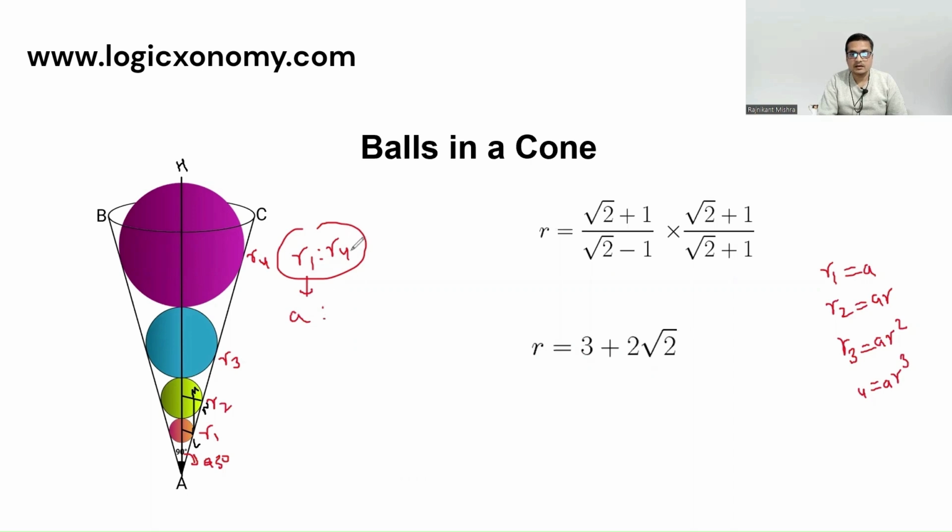R1 is A, R4 is equal to AR to power 3. A cancels out. So R1 ratio R4 is equal to 1 ratio 3 plus 2 root 2 to power 3.